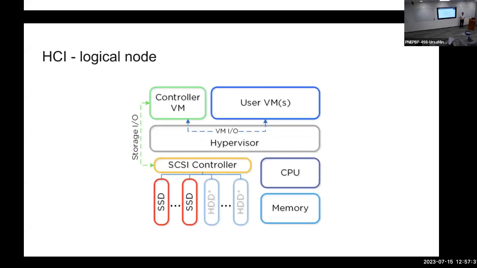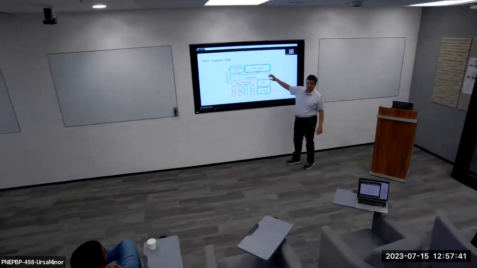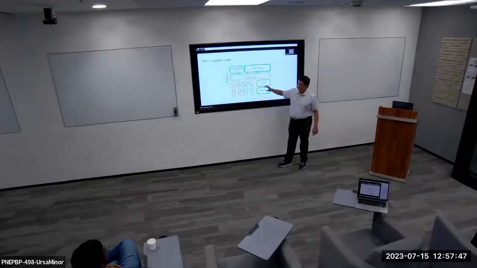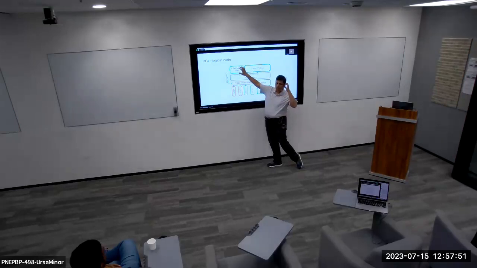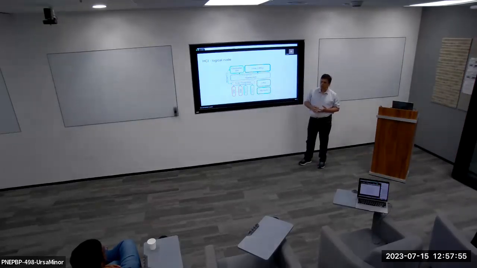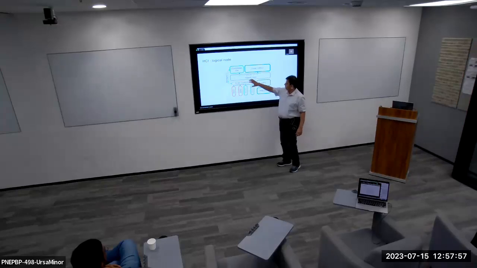Nutanix is hyper-converged, so you know about it. When you get a node, we install Nutanix software on it. It has a hypervisor, so it can create virtual machines, and it has CPU, memory, and a huge amount of disks. The Nutanix software gets installed into a virtual machine, which we call a controller VM or CVM, and this controls everything.